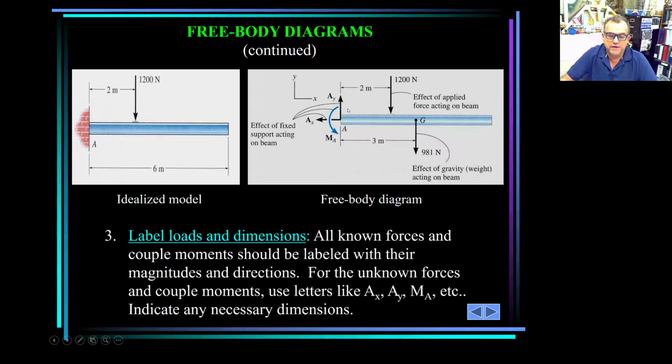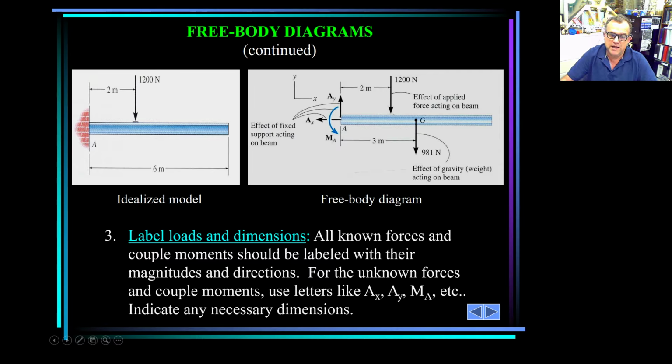But you can see, for example, if I say summation of forces in X in this particular case, immediately I can say AX is 0 because there is nothing pushing it in that direction. If I say summation of forces in Y, then AY minus 1200 minus 981 equals 0, and I solve for AY.